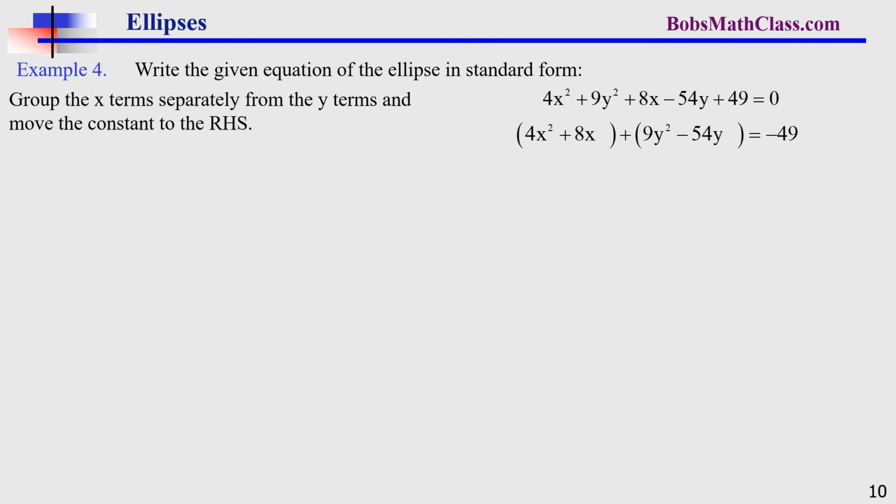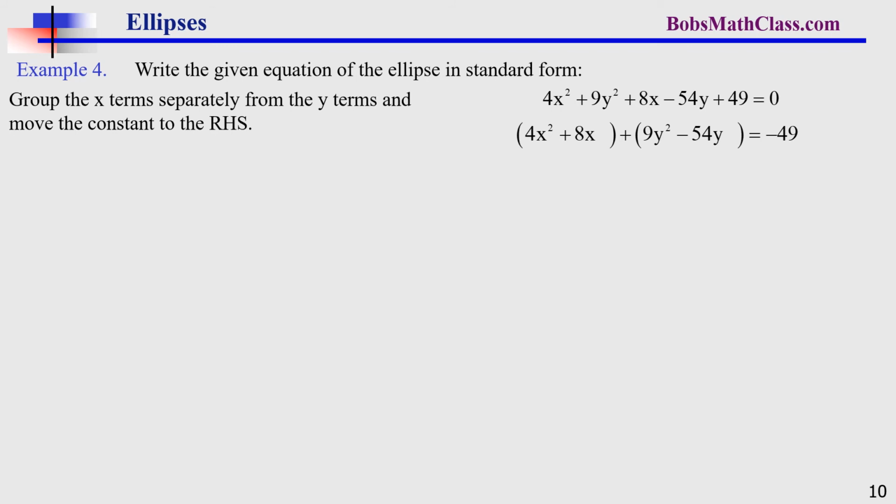Okay, so we want an x squared in the parentheses, but right now there's a 4 in front of it. So what we're going to have to do is factor out that 4 from those two numbers. So factor out a 4 from the 4x squared plus 8x. And then how about the second binomial? We're going to have to factor out a 9 from those second two terms.